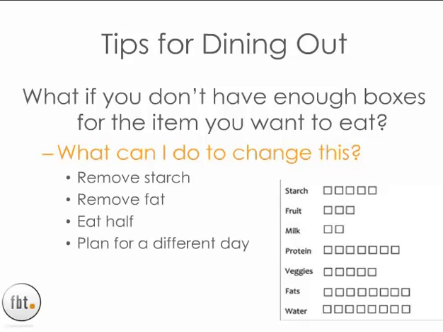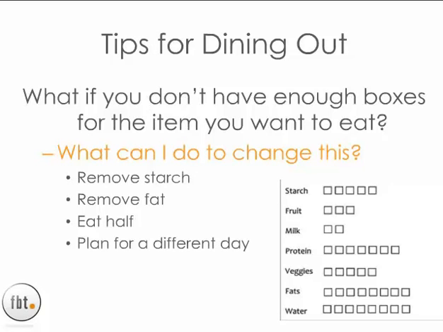There's a few things, and let me go through some examples. The first thing would be, if I don't have enough starch boxes, I could remove some starch, meaning I could take off the top bun of my hamburger if I only have 1 instead of 2 starches left. If there's potatoes or rice or pasta in my meal, I could ask for that to be removed and ask for double the serving of vegetables.